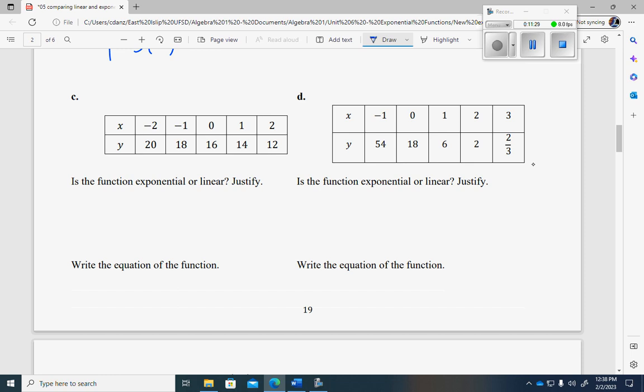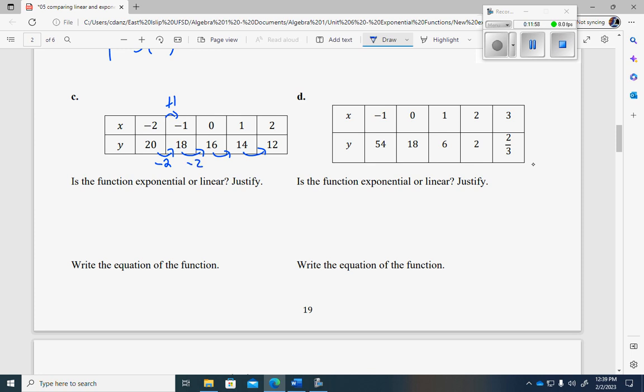Okay, C. Well, I can see it's decreasing. Just because it's decreasing doesn't tell me what kind of function it is, though. Remember, linear equations can decrease, exponential equations can decrease. We just have to see if it's decreasing at a constant rate of change or not. This is going down 2 while this is going up 1.